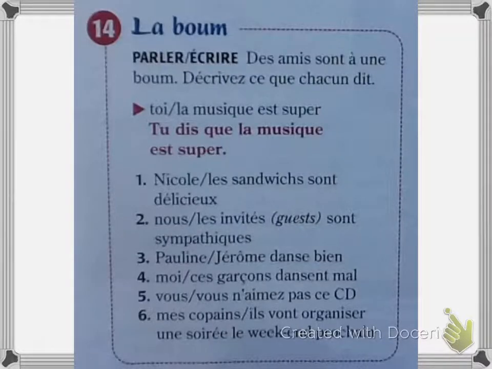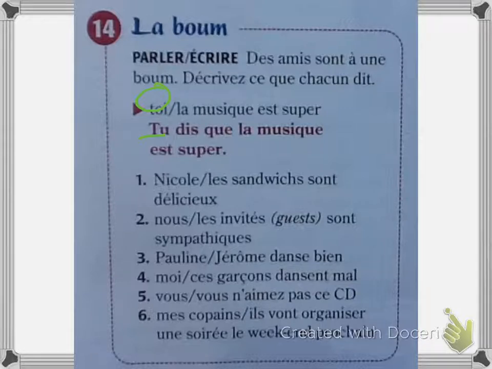Exercice 14. La boum. Des amis sont à une boum. Décrivez ce que chacun dit. The party. Some friends are at a party. Describe what each says. So, we see the example, toi and la musique est super. So, again, what they give me here is going to become the subject of my sentence.